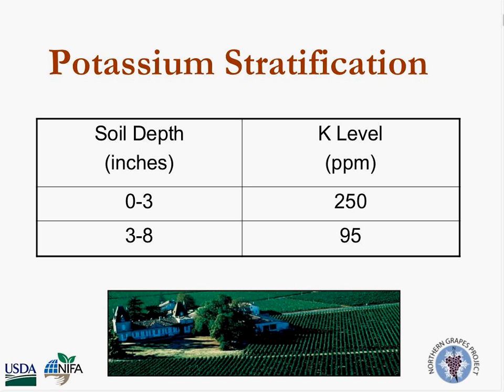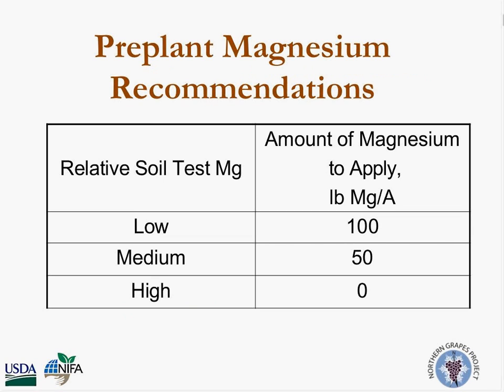So that's one of the reasons why you want to make sure you get some of these amendments on before planting. This is a similar slide for magnesium, breaking it into low, medium, high. Under low magnesium soils, there would be a recommendation of about 100 pounds of magnesium per acre before planting.